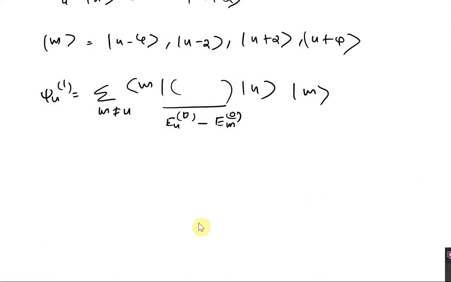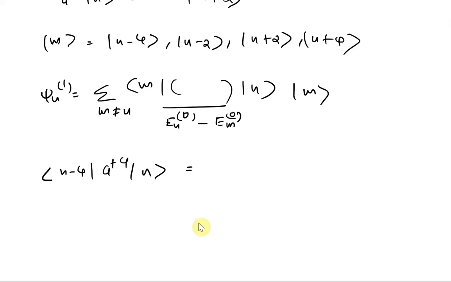Now I will calculate each of those components corresponding to different m. So first, m is equal to n minus 4, and we have to choose the operator which is actually changing this n into n minus 4, which is nothing but a dagger raised to 4, right? That is the only such term in a dagger that I know, so I just put it, and it is giving you that term.